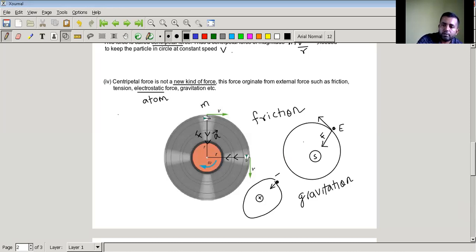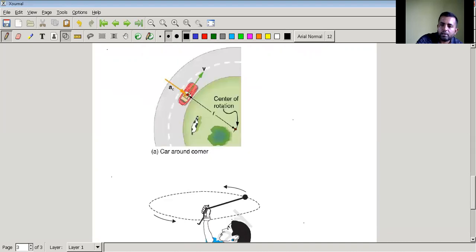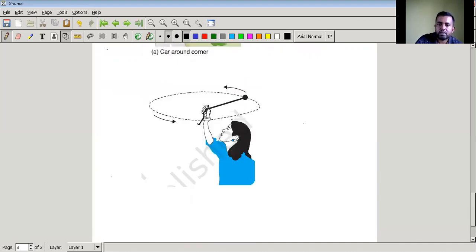Now moving on, let us talk about this. This is a string, this is a mass, let us say m, and it is going in a circle. Now can you guess which force will provide the centripetal force here?